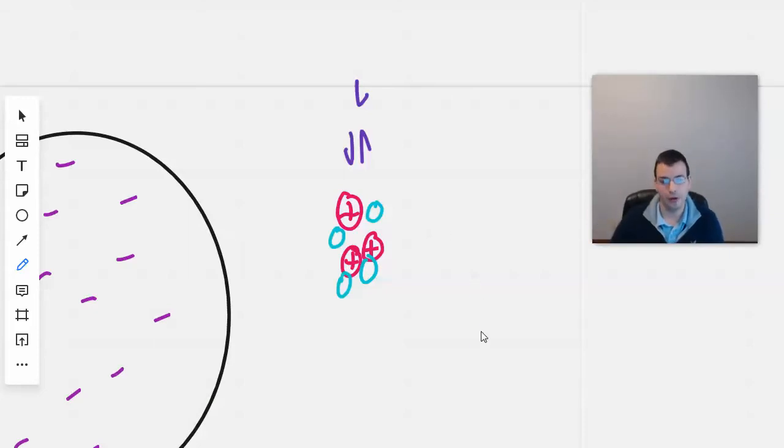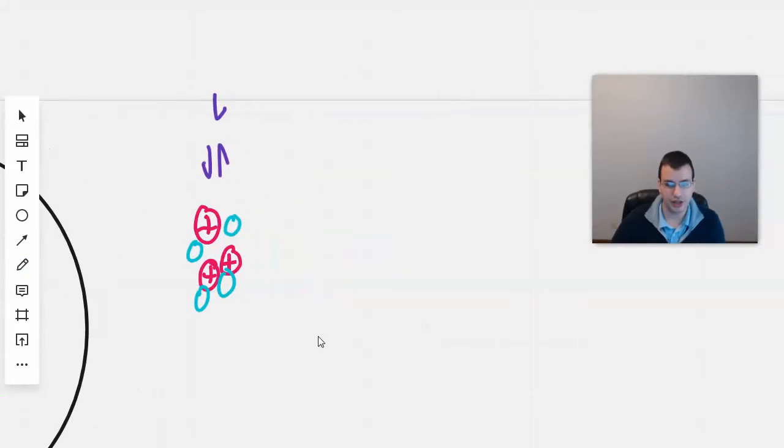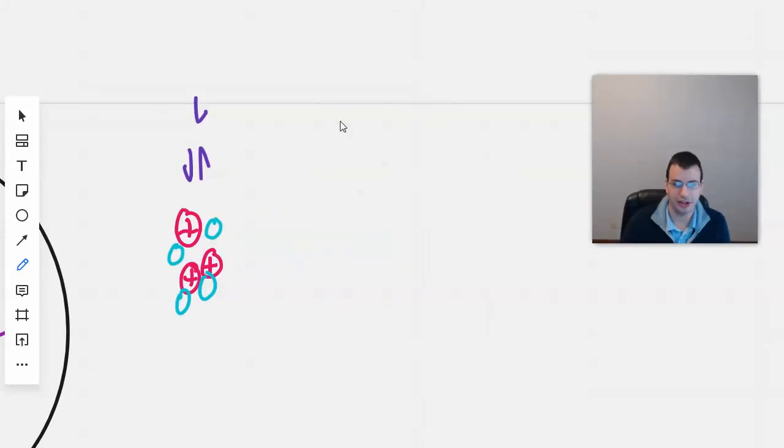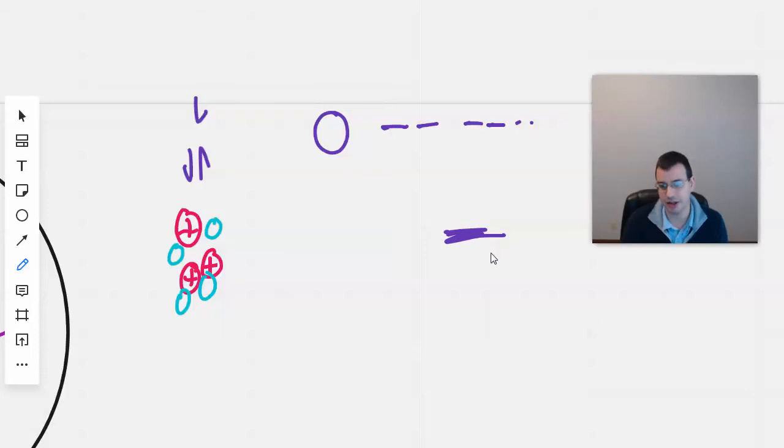Well, we could draw the energy required, the ionization energy, as maybe this. So this would be 0 for the amount of energy added. And then maybe this would be the amount of energy required. This will be the amount of energy that the electron has with respect to infinity.